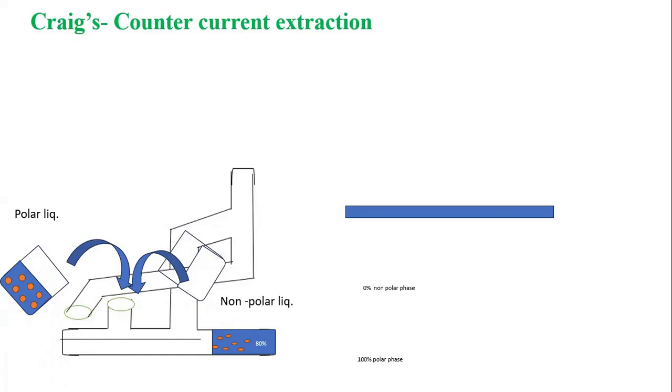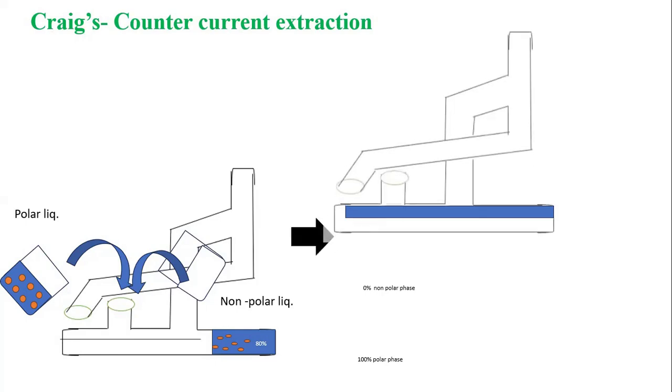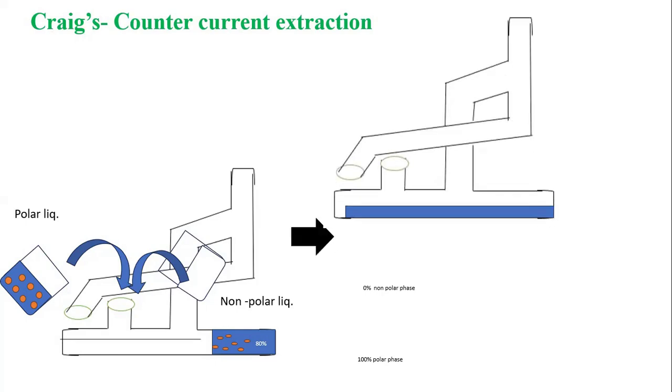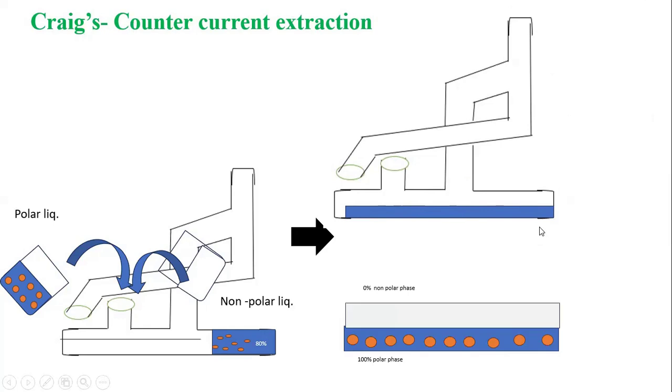Now after this you are going to shake the tube. The Craig tube should be filled in this way. We are going to shake it lengthwise, or horizontally. After shaking, passive diffusion occurs in tube B, the blue tube that you observe here. Now how does this passive diffusion occur?